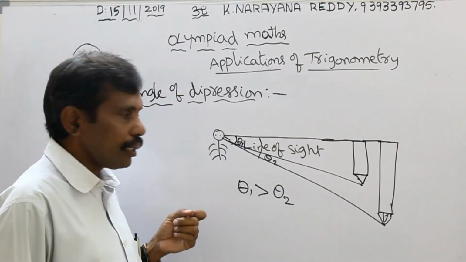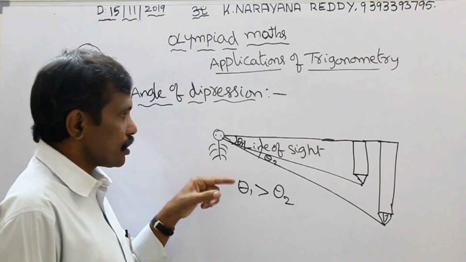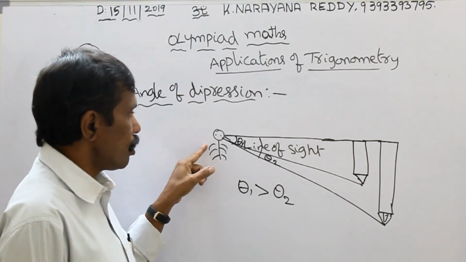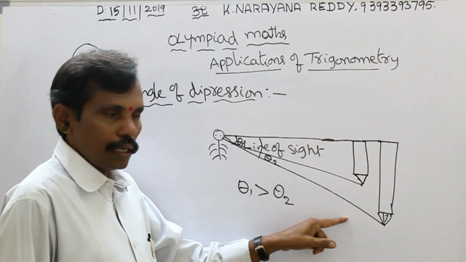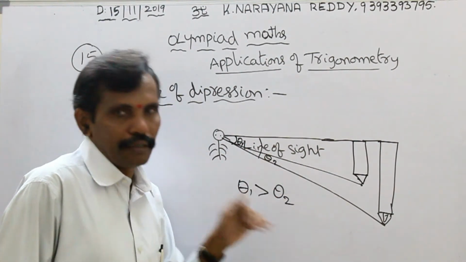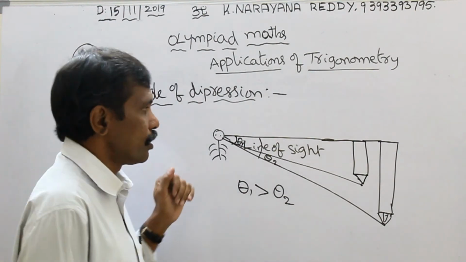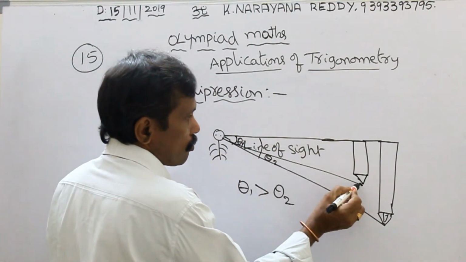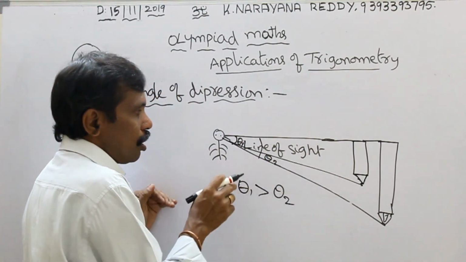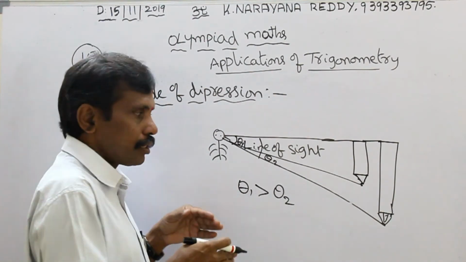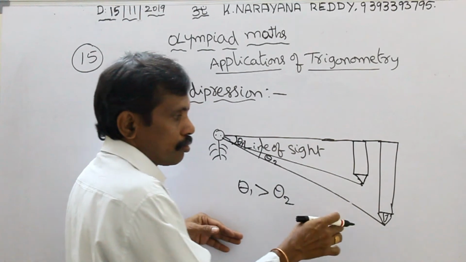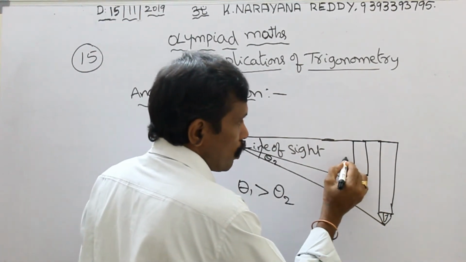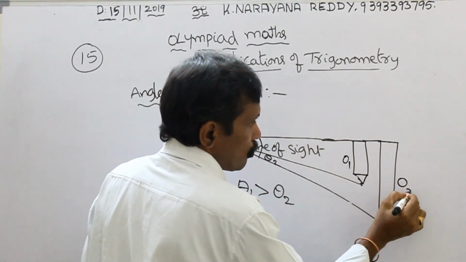Please observe carefully here. Angle of depression is nothing but a person or an observer observing an object, lowering his head. By lowering his head, this is theta 1. Also, again observing another object, lowering his head more. This is object 1, this is object 2.